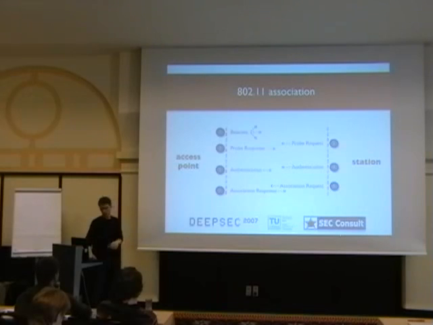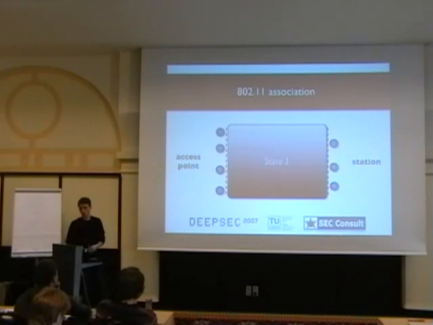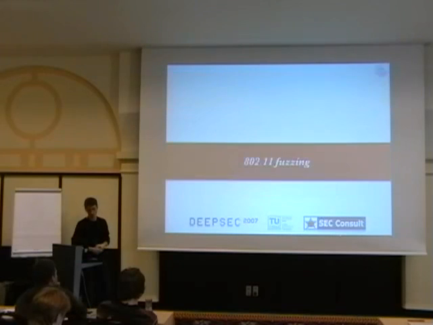Right now, after this association, we're in state 3, where we can send higher level protocols that might be UDP, IP, TCP, IP, and so on. And they might also start doing some encryption, send out key information files, and so on to get real encryption and authentication in the network.